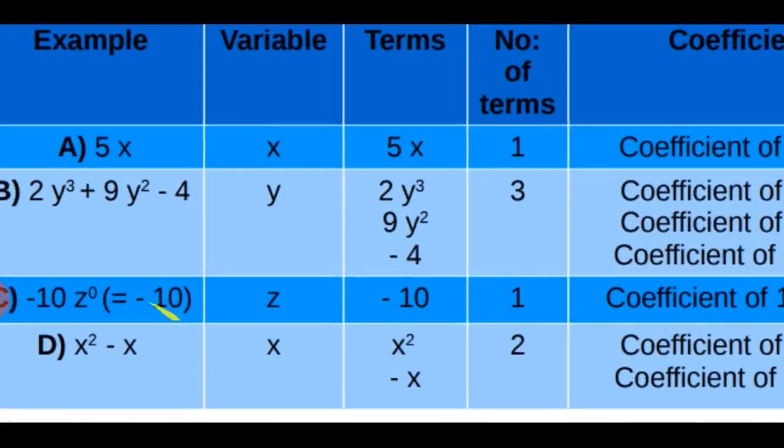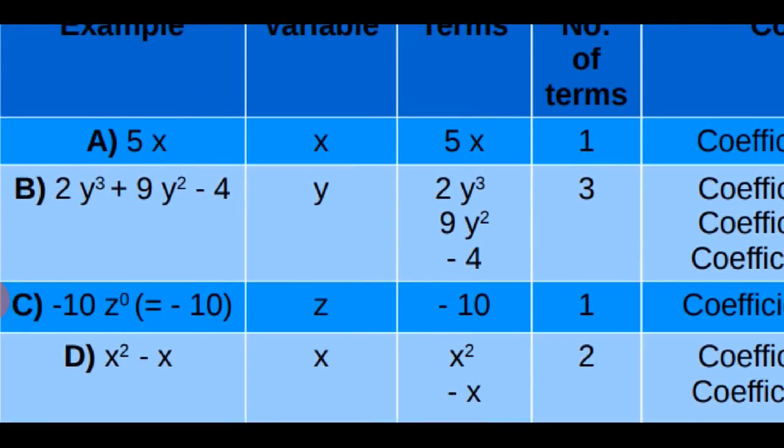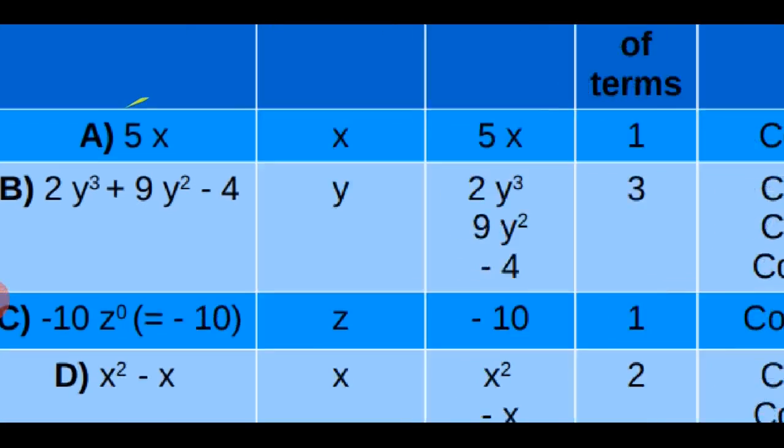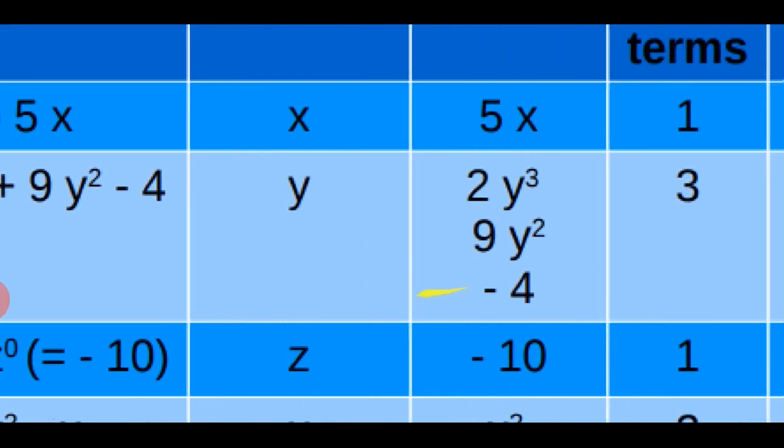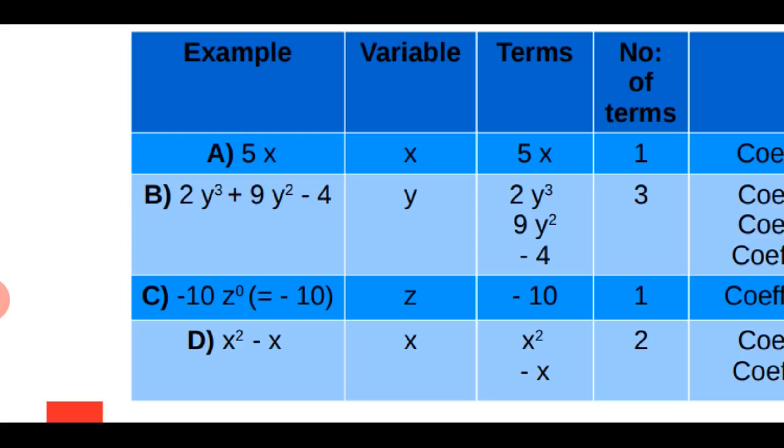So if you see the second example, before 2y cube it is addition, before 9y square that is also addition, and before 4 it is subtraction. So the total number of addition and subtraction symbols is 3. So the number of terms in the second example is 3.